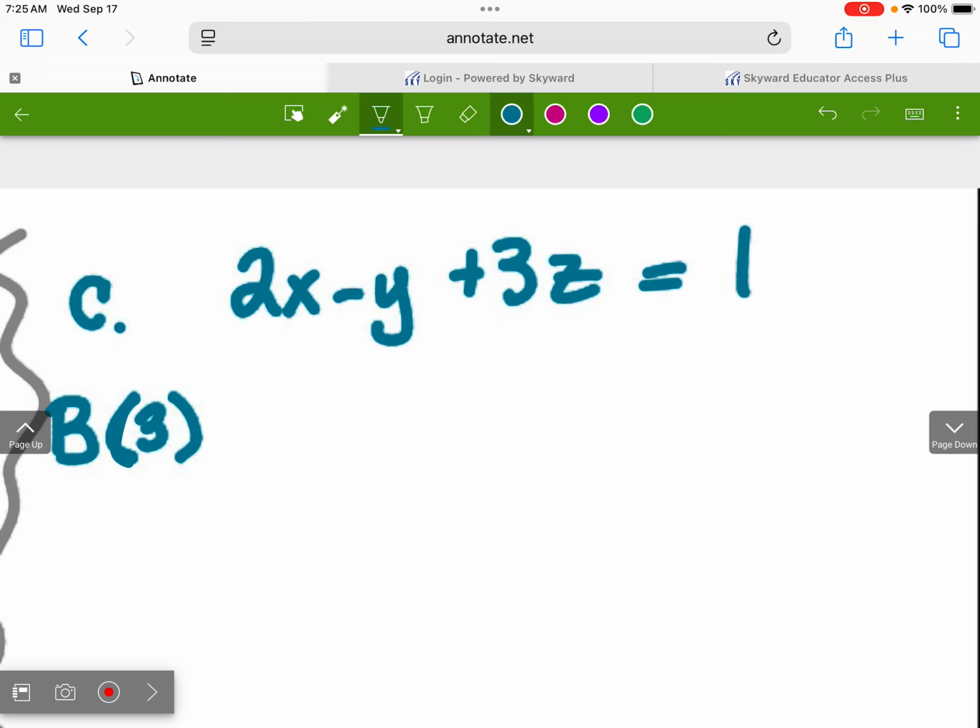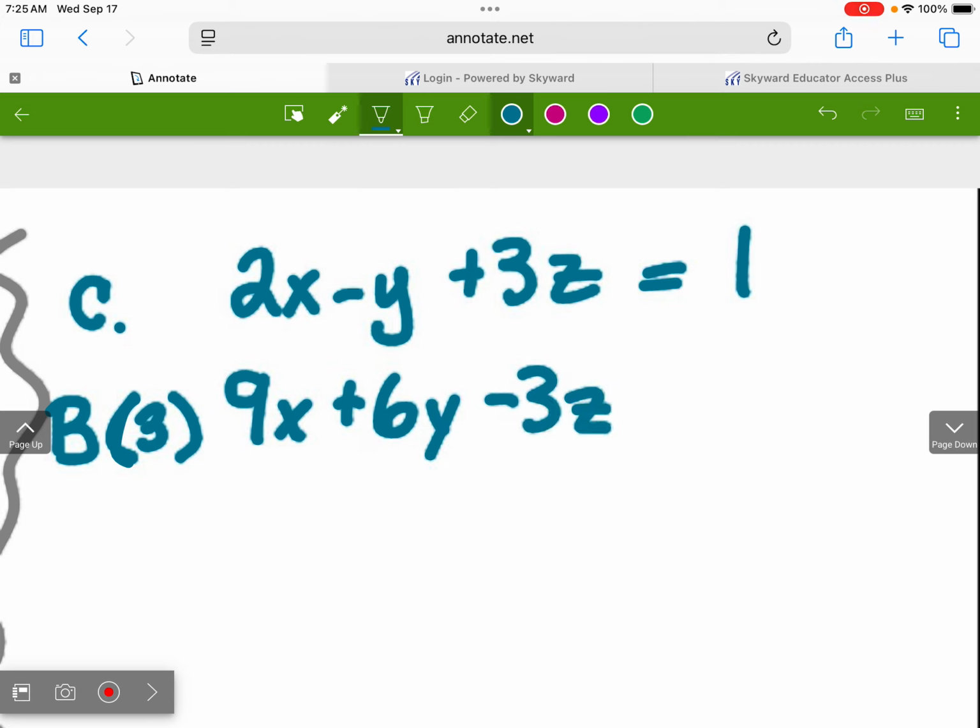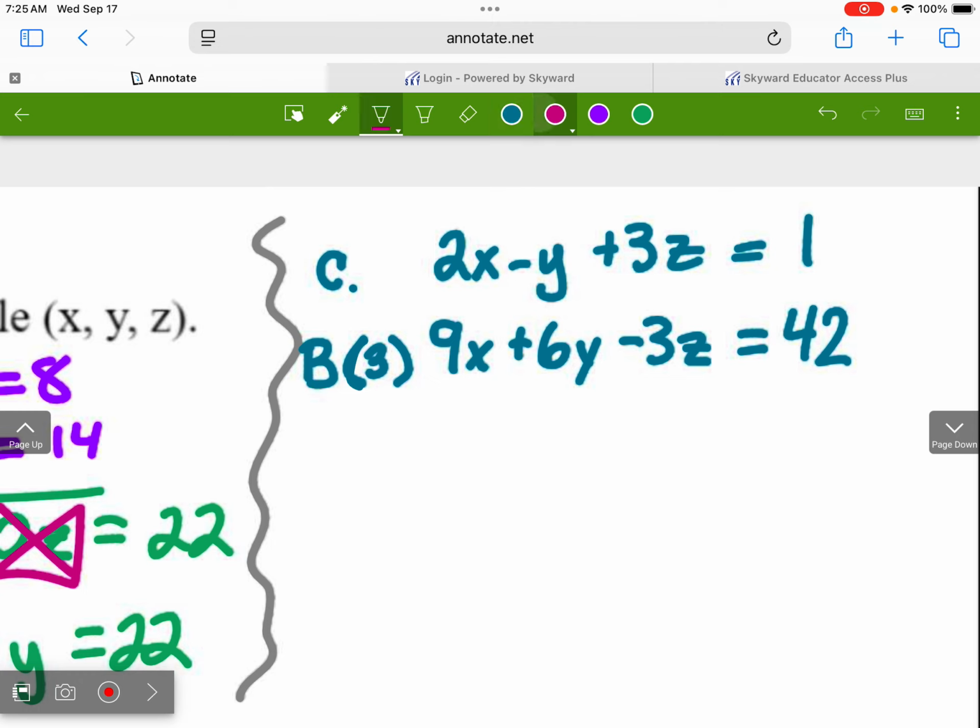And our B times 3, that's going to be 9x plus 6y minus 3z equals 14 times 3, which I don't know off the top of my head, but I've got calculators. 14 times 3, 42. So then we're going to add those two together.